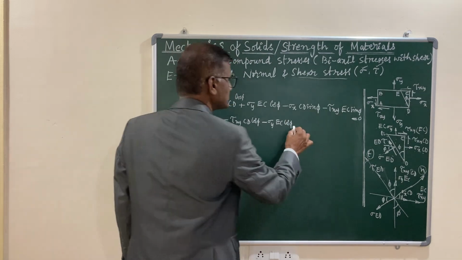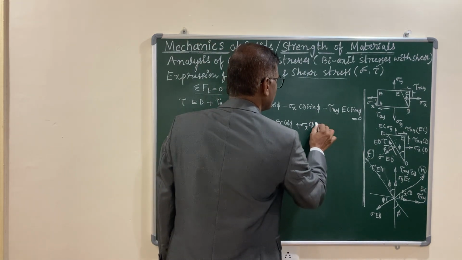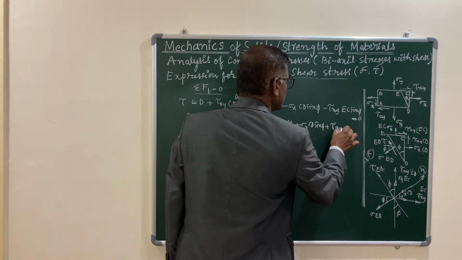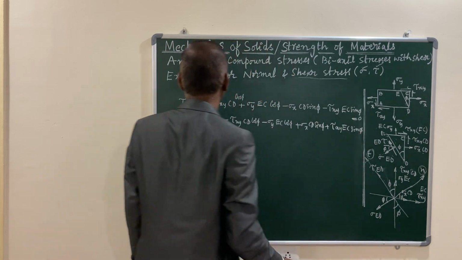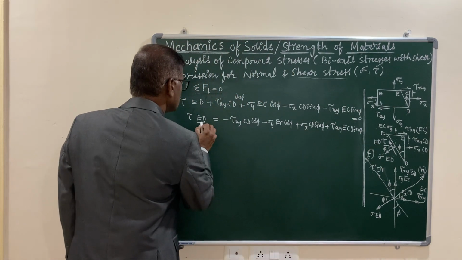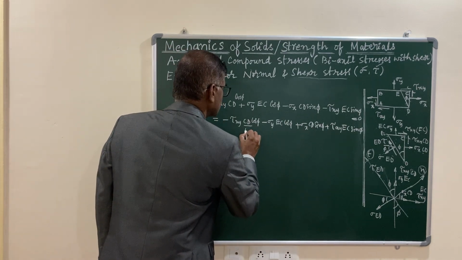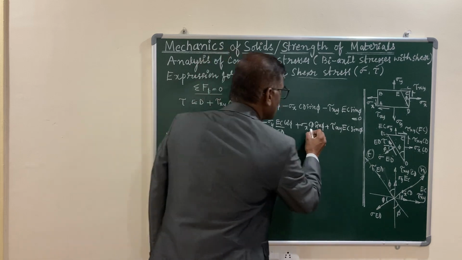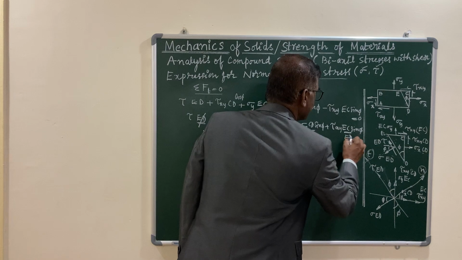This becomes plus sigma x into CD, it is sine phi, plus tau xy EC into sine phi. Now divide the right hand side terms with ED.